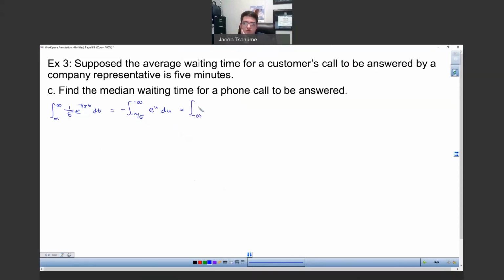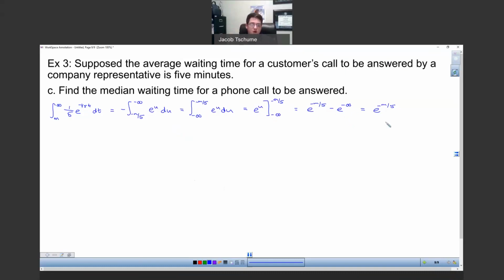So this is the integral from negative infinity to negative m over 5 of e to the u du. All right, integrate that, and you get e to the u evaluated from negative infinity to negative m over 5, which is e to the negative m over 5 minus e to the negative infinity. Well, for the fifth or sixth time just in this video, that's going to go to 0, and you get e to the negative m over 5.